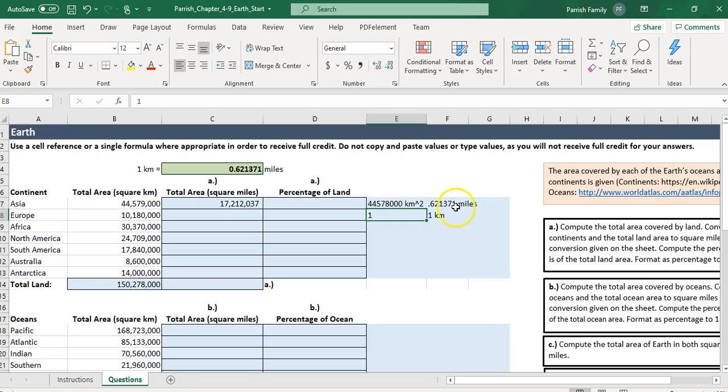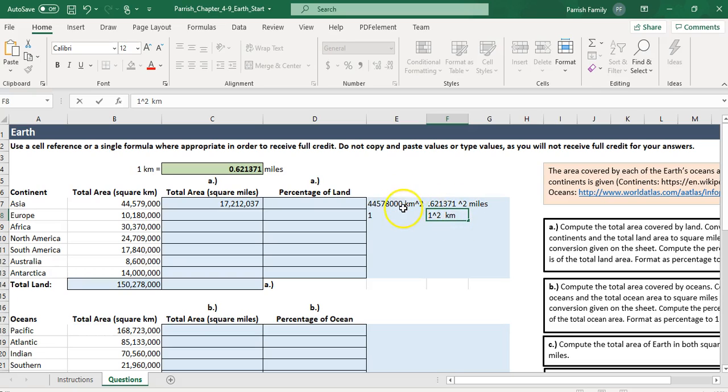But what we have to remember here is that the kilometers and miles that we have here are not squared. So I have to square this value. I have to raise it to the second power to make the calculation work. And technically I have to raise this one to the second power too, but when you raise 1 to the second power, it doesn't do anything.